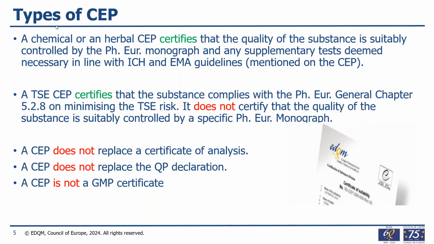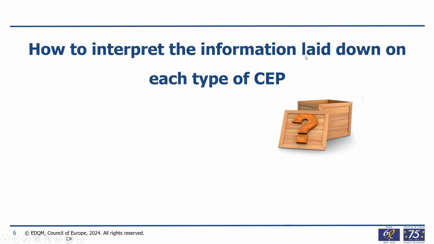Also, the TSE certificate certifies that the substance complies with general chapter 5.2.8 on minimizing the TSE risk. This TSE certificate does not certify that the substance is suitably controlled by a specific EP monograph. As Anais previously said, CEP does not replace the certificate of analysis, it does not replace the QP declaration, and CEP is not a GMP certificate. So now we will see how to read the information which is stated on each type of CEP.